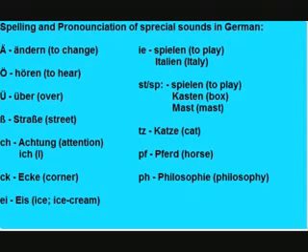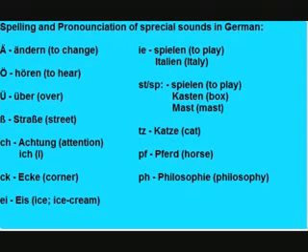The SP and ST sound at the beginning of a word is pronounced like SHP, so spielen, but inside or at the end of a word it's pronounced like in English ST, like Kasten, box, and must, so must. The TZ is like in Katze, so cat.